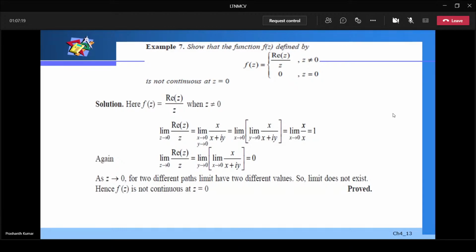When the function value is equal and the limit point is also equal at that point, then we call the function a continuous function. Once the function is continuous, we discussed two problems: one on a continuous function, and one on the discontinuity of a function.